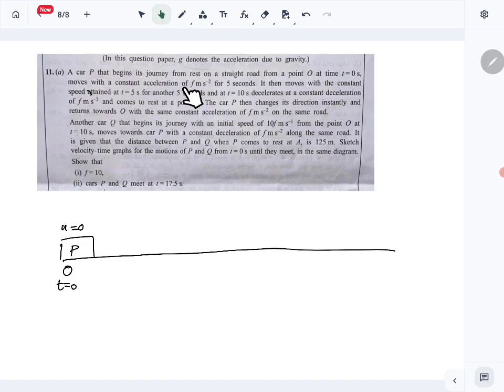Then what? Moves with constant acceleration f for 5 seconds. So this will go with acceleration f in that direction, and will achieve some speed at that point.